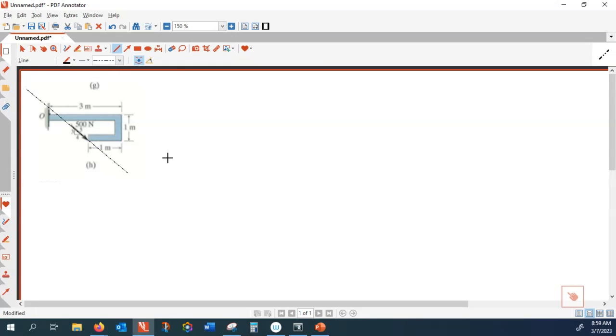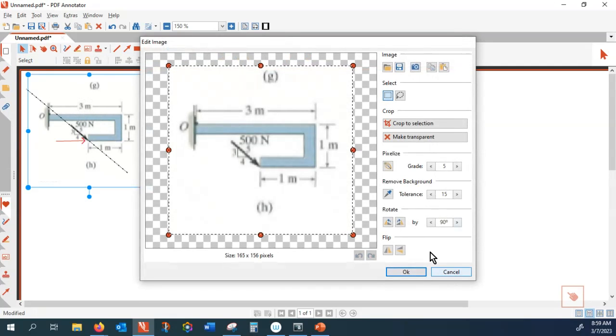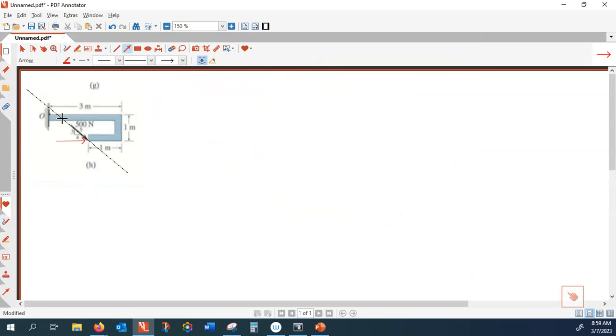Something easier is to break that force into two components, x and y. So that makes this easier. This is the horizontal component, and that is the vertical one. The horizontal one is 500 multiplied by cos of that little triangle.